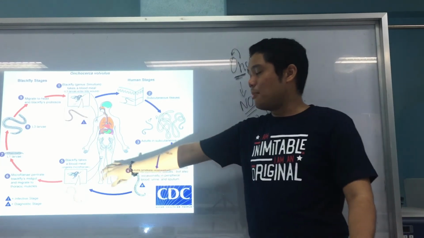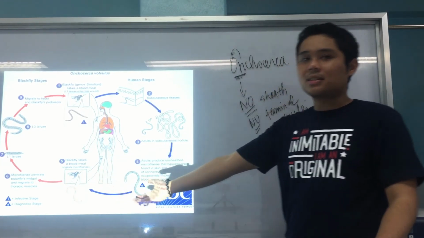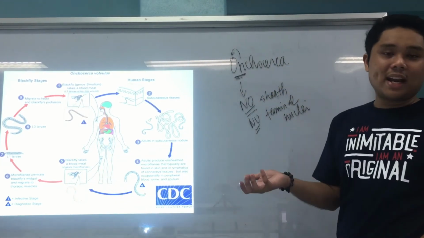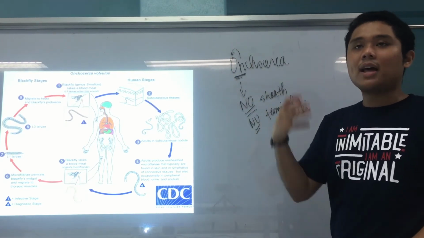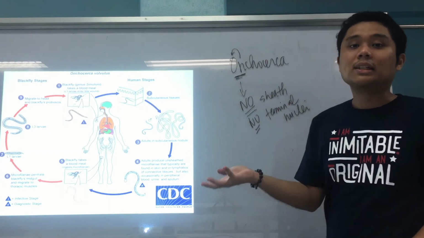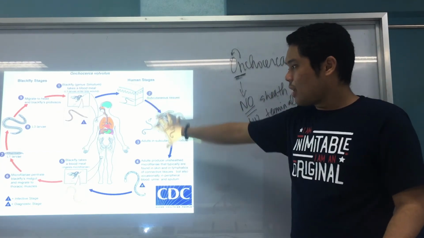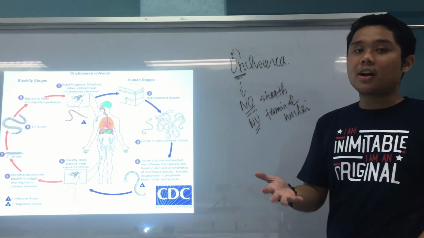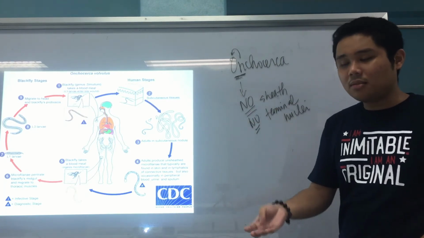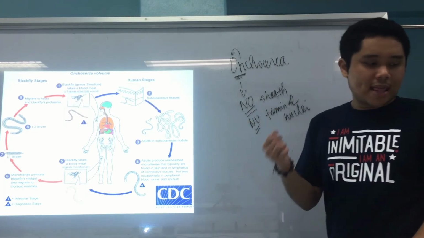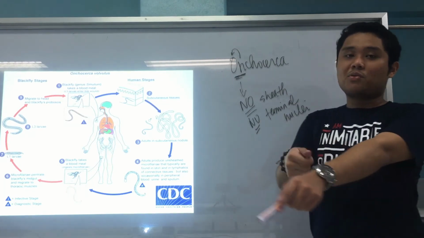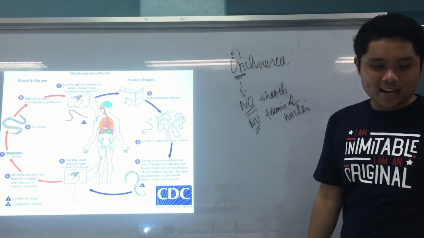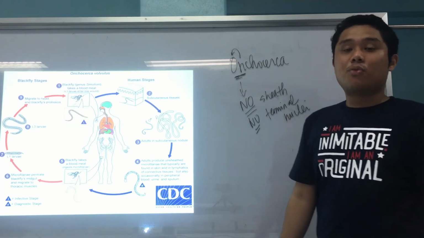When the black fly takes another bite, it picks up the Microfilaria, which becomes a larva inside the fly, and then of course the cycle goes on. The difference is that the Microfilaria cannot be recovered in blood but in the subcutaneous tissues. That's why the specimen of choice is skin snips, so we get a sample from the skin. That's for Onchocerca volvulus.